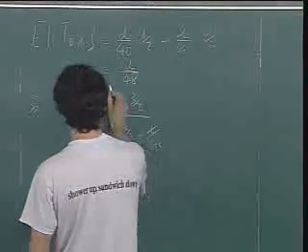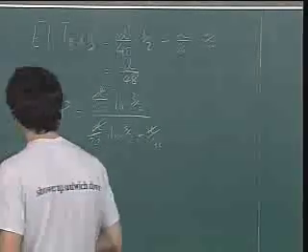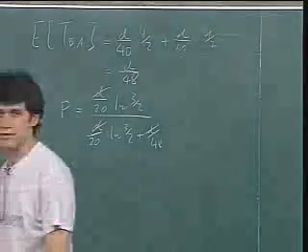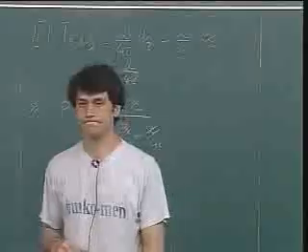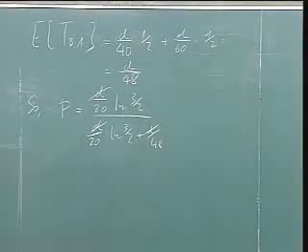So all the d's cancel, and we're left with whatever that ratio is. So any questions on this?